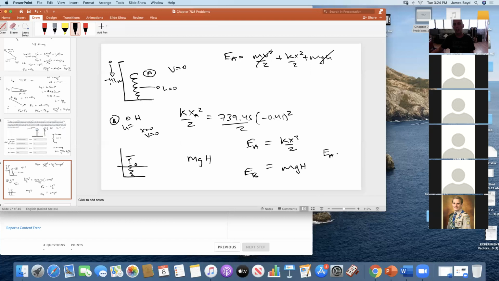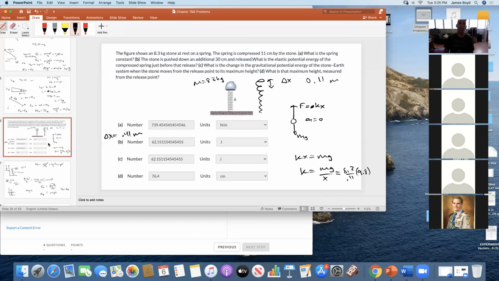But EA is equal to EB, and we already found this just a minute ago. So mgh, the potential energy of gravity at maximum height, is the same as the elastic potential energy stored in the spring. They are the exact same value. That's the only energy that we put in the system. And then what is the maximum height that it reaches?